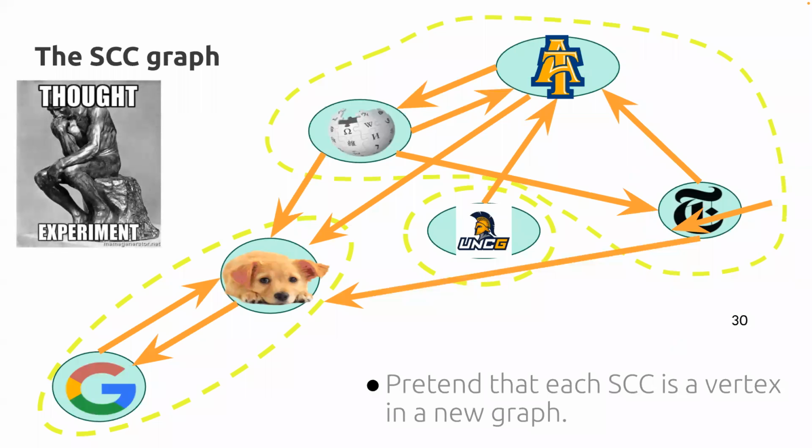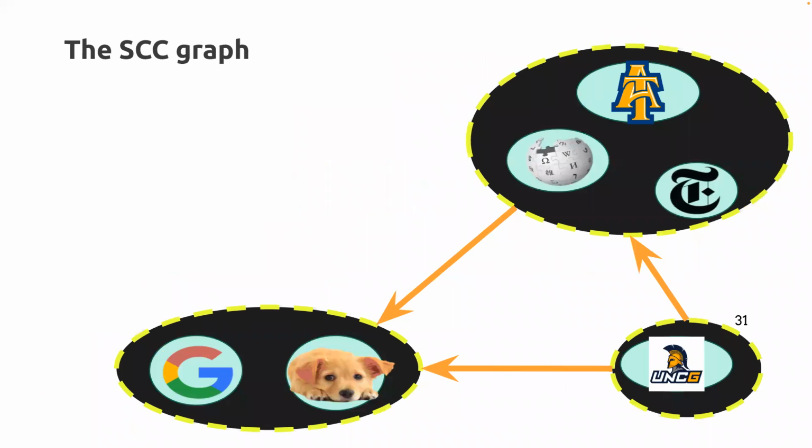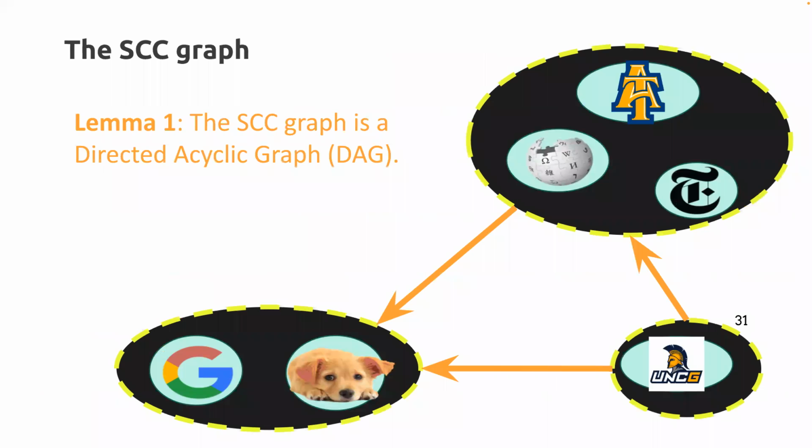So if we pretend that each of these is a node, so again, you forgot there was stuff in here, you just pretend this is an entire node, right? Then we notice that this graph here is a directed acyclic graph. Why is that the case? Why is the graph made up of strongly connected components where each strongly connected component is a node?